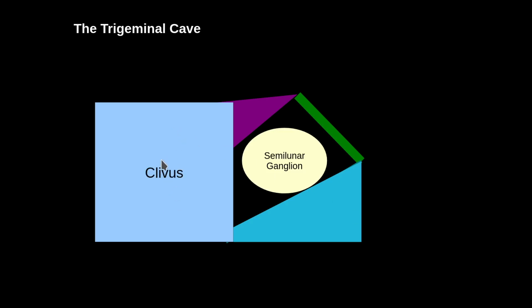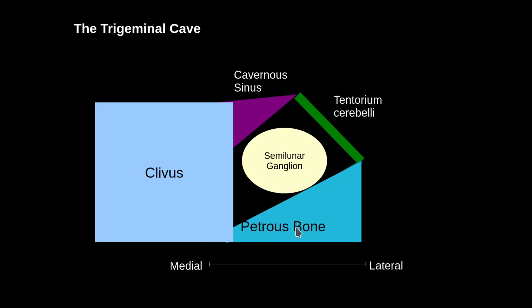First, in front, the base of the skull, or the clivus. Then you have the cavernous sinus anterior to it. Above it, the dura mater of the tentorium cerebelli, and on the side, the skull's petrous portion. So this is medial, this is lateral.